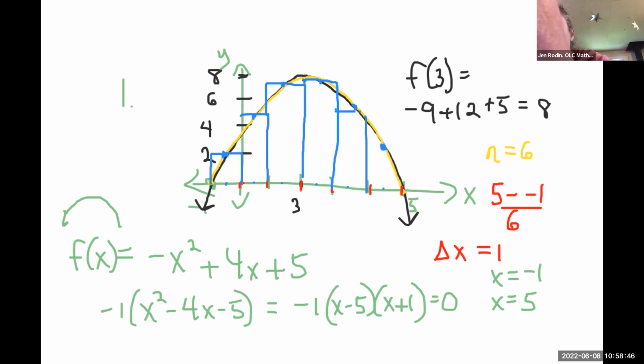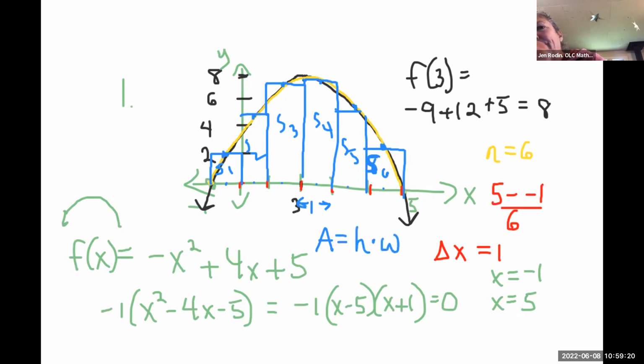That should be lower. Okay, so that would be S1, S2. And then the width of each one, delta x, equals just 1. So area equals the height times the width, the height times delta x for each one.